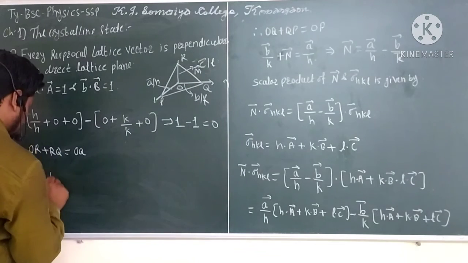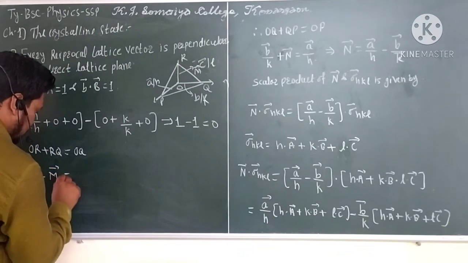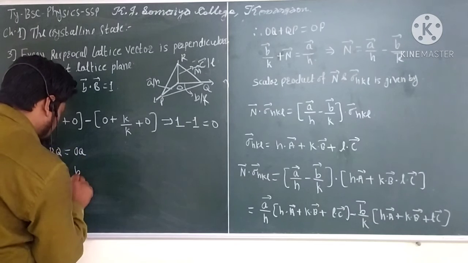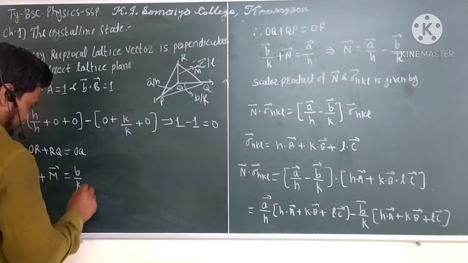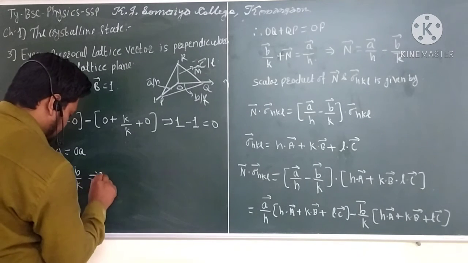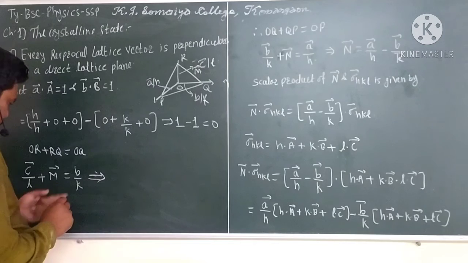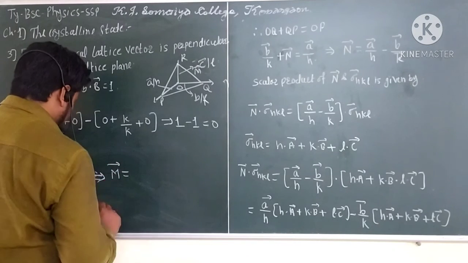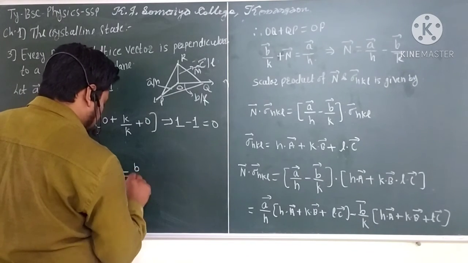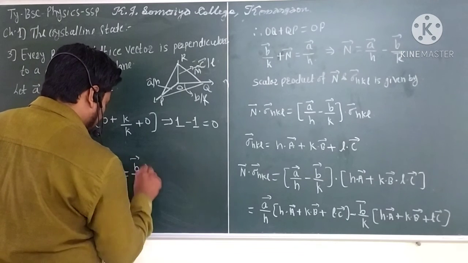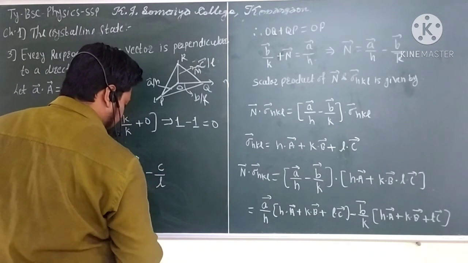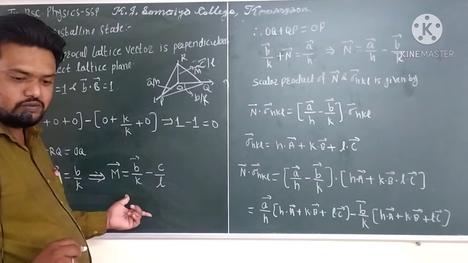So this plus M bar, and OQ is nothing but the B by K. Doing this calculation, taking this side to that side with a minus, M bar is nothing but B by K minus C by L. This is the given equation.